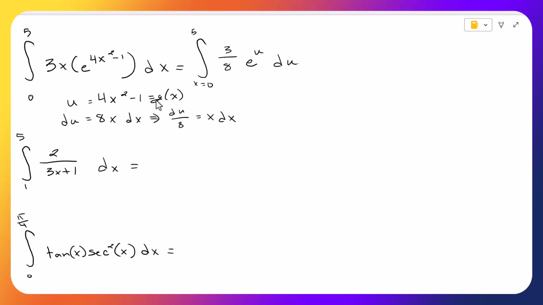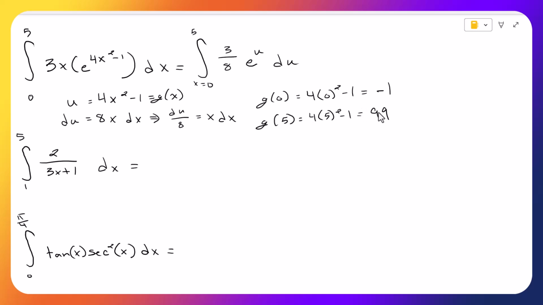And then I can rewrite it as g of 0 equals 4 times 0 squared minus 1, and g of 5 equals 4 times 5 squared minus 1. The first is just going to go to -1. 5 squared is 25, times 4 is 100, minus 1 is 99.